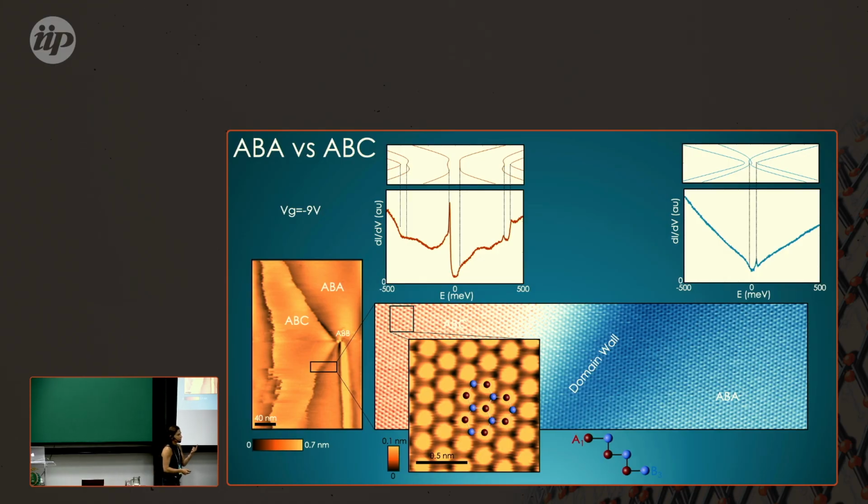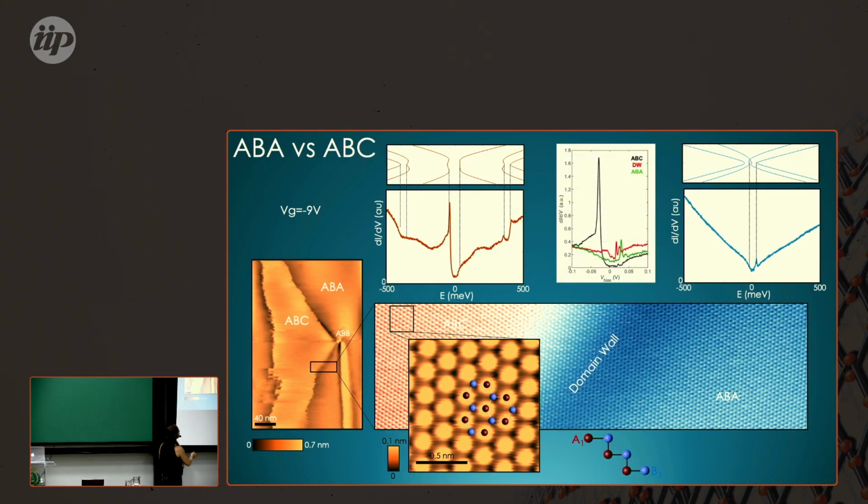We see only one Van Hove singularity due to layer polarization. In a minute we will see how it changes as a function of displacement field, and this is corresponding to the band structure with the linear dispersion of the ABA. On the boundary itself, we see in-gap states, which we'll come back to in the other part of the talk.